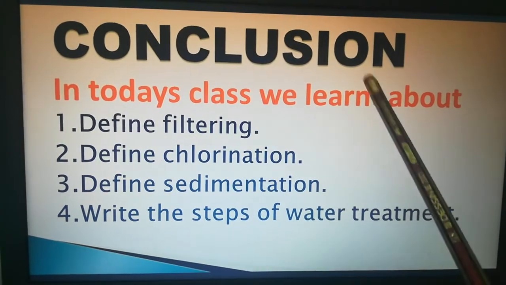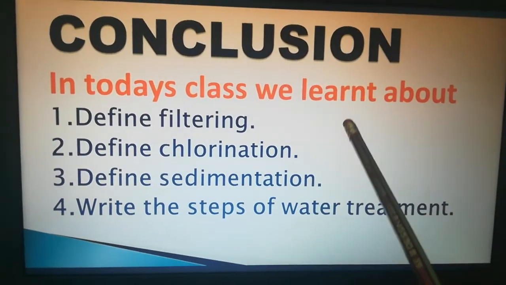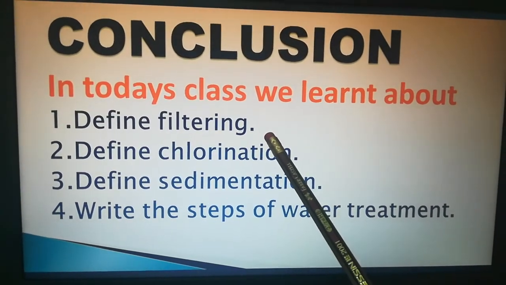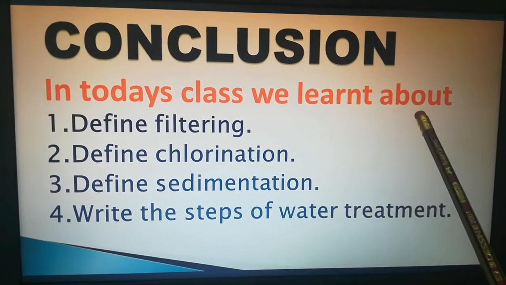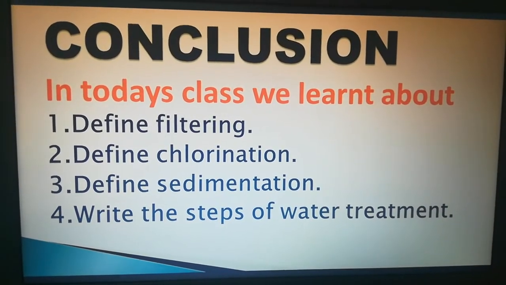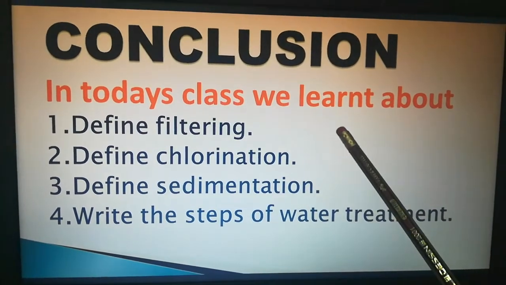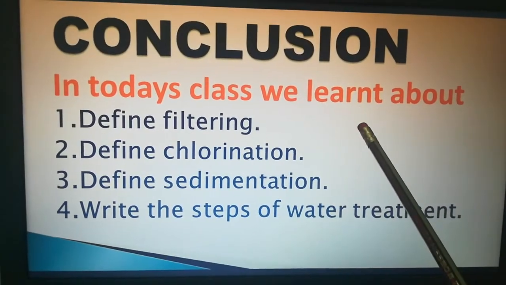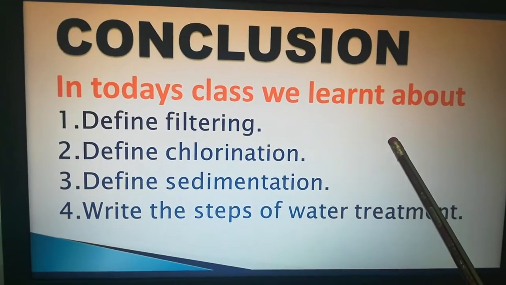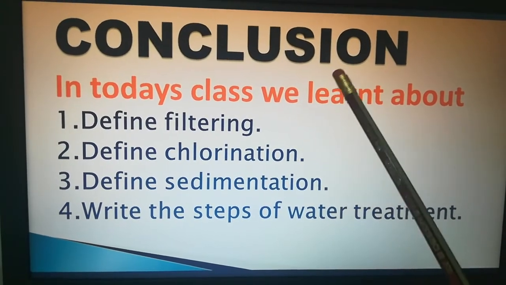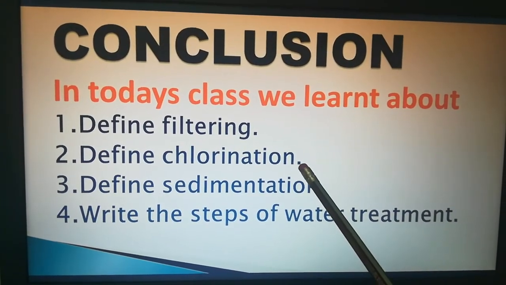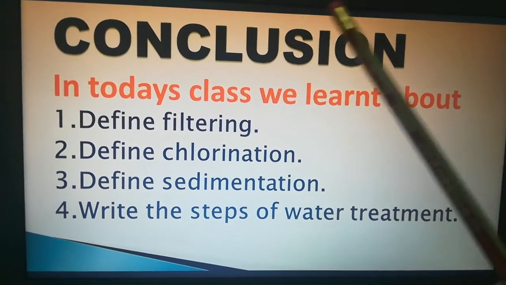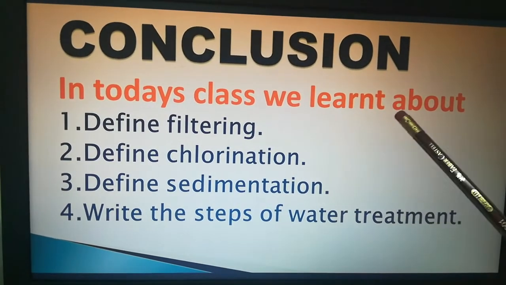From this entire chapter, we learned about the importance of water, the composition of water present in our environment, what the water cycle is and the processes involved in it, what aquifers are, and how water pollution is affecting our daily life nowadays. We learned the uses of water, how sewage water is treated, what clean water means, and the steps that take place in water treatment. These are all the things that we learned in this entire chapter.